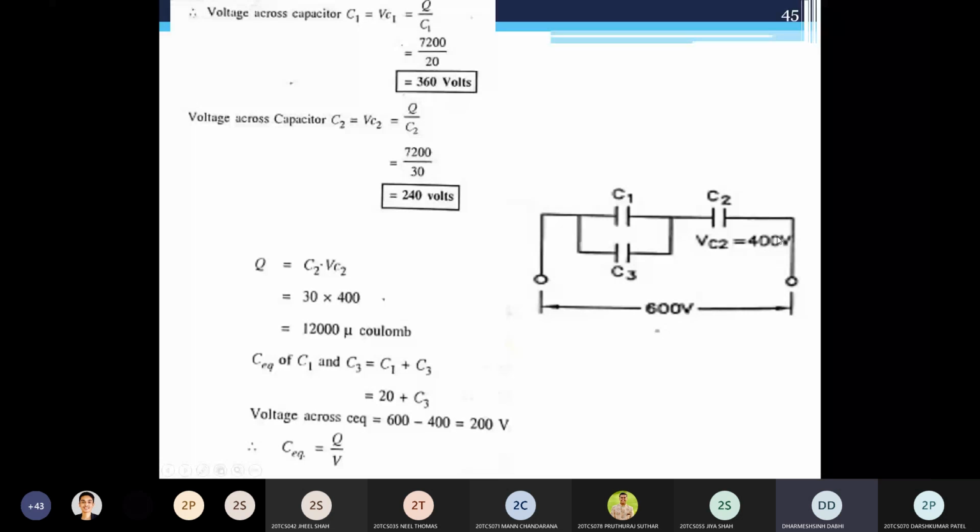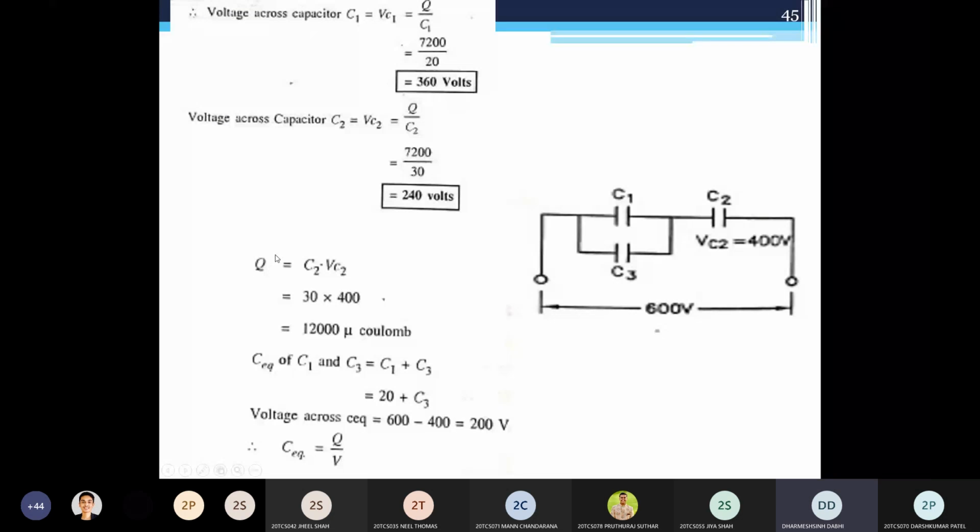Initially the voltage across C2 was only 240 volt, but after connecting this C3 across C1, the voltage across C2 increased from 240 to 400 volt. It means the amount of charge passing through C2 is increasing. Clear? Because C2 is constant, voltage increases only if the charge passing through the capacitor increases.